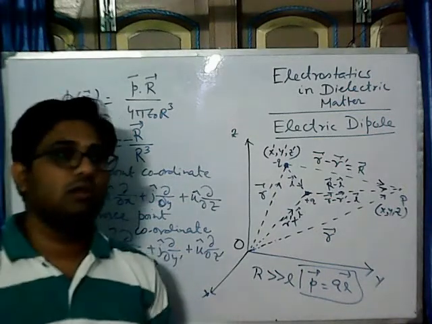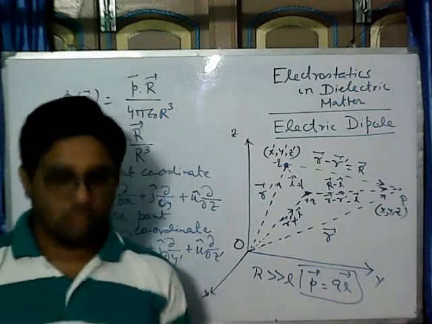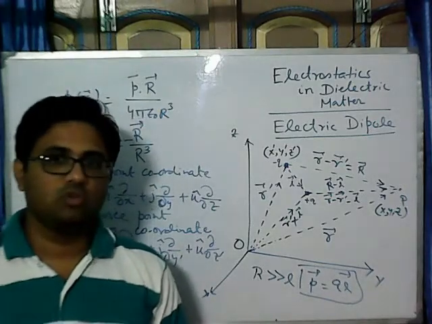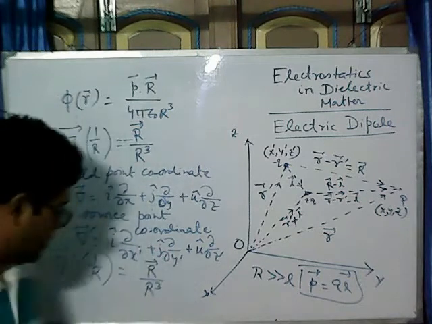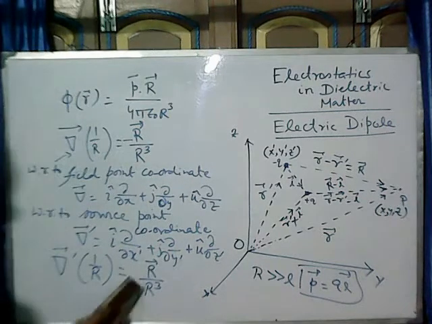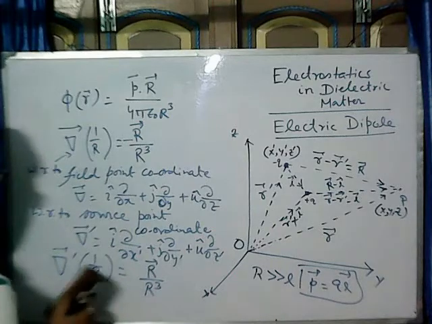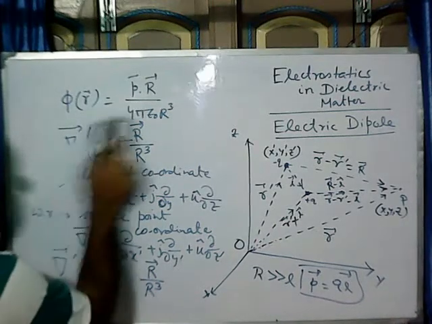Del is the change of any parameter with respect to the space point coordinate, so here this will be positive.